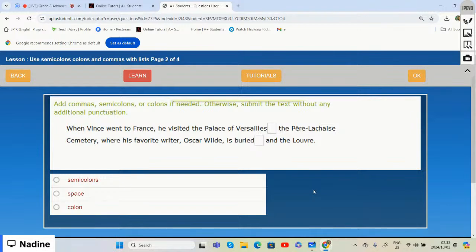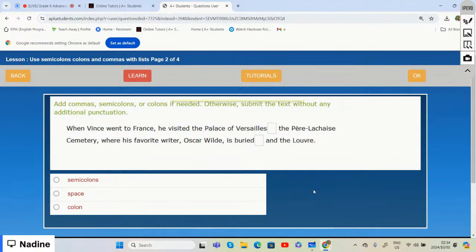It says we need to either add commas, semicolons, or colons. It says when Vince went to France, he visited the palace of Versailles. Is it that word?